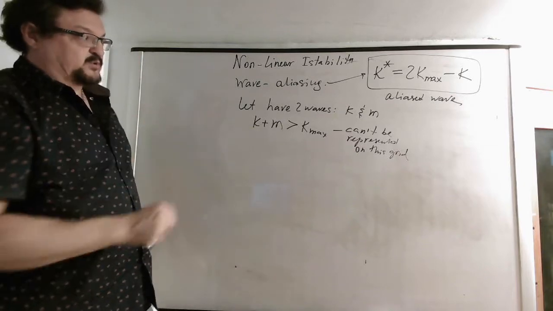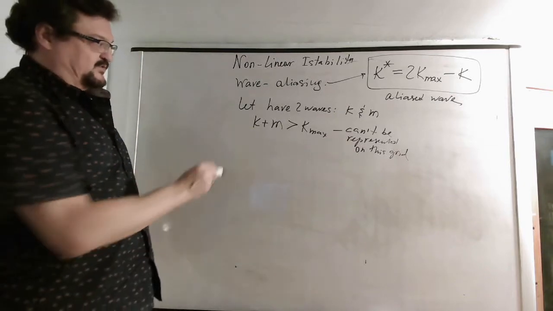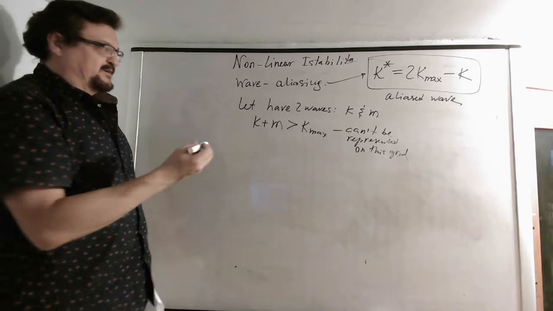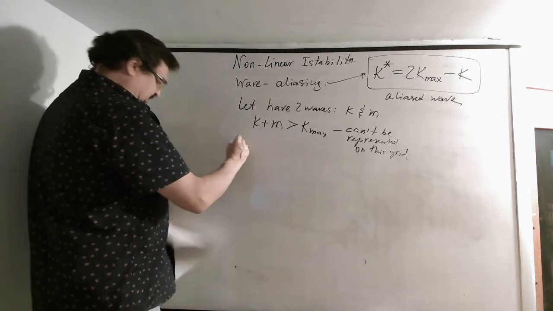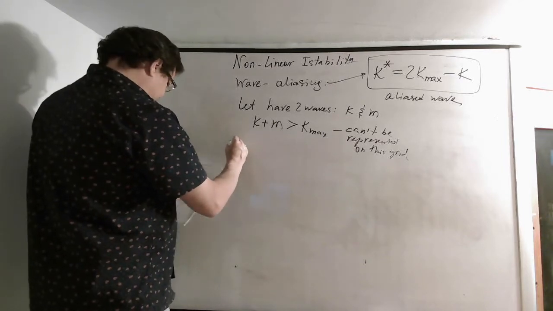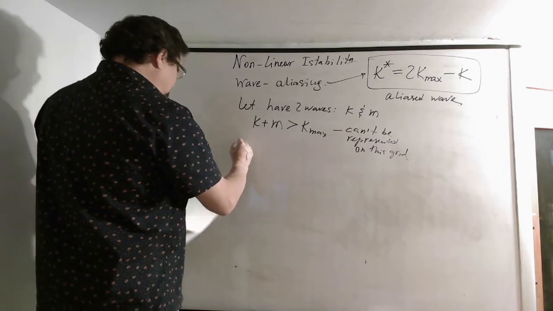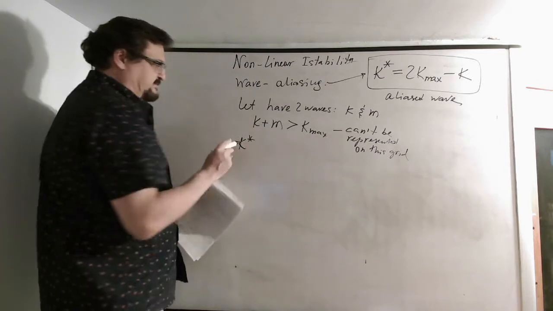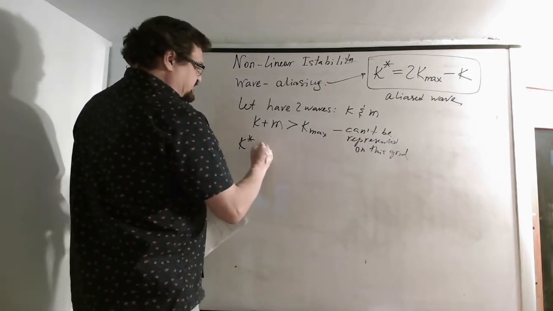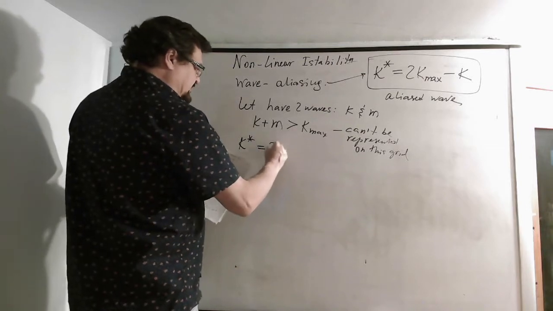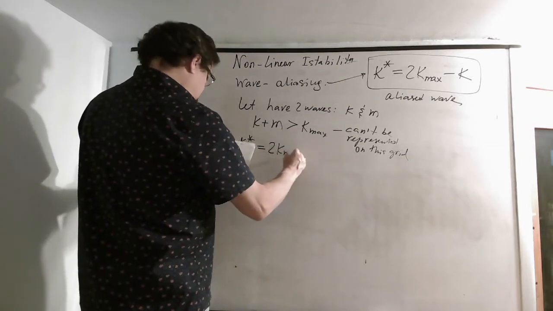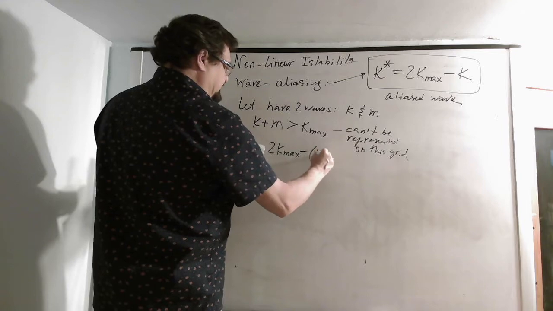So let's write what it's going to alias to. These waves interacted, and what wave will be created? Well, we'll see. We have this k star, the wave that will be created, equals 2k max minus k plus m.